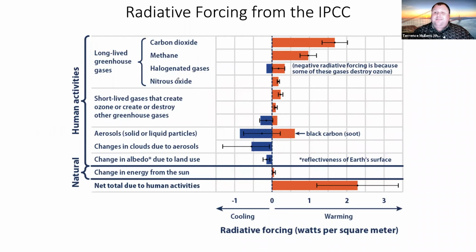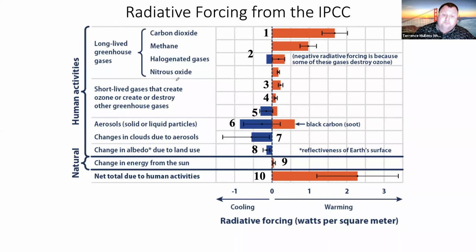Okay, so those are just a few examples of different forcings. Now let's put it all together, and I know that looking at this image, you kind of feel like a deer in the headlights. Let me explain what's going on here. If you notice, there are approximately 10 categories.